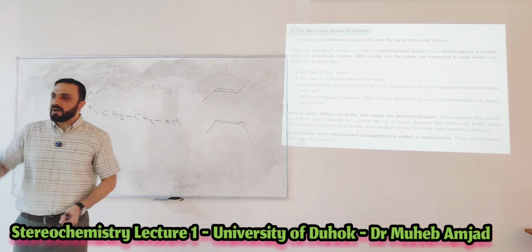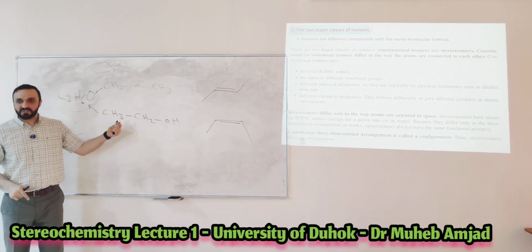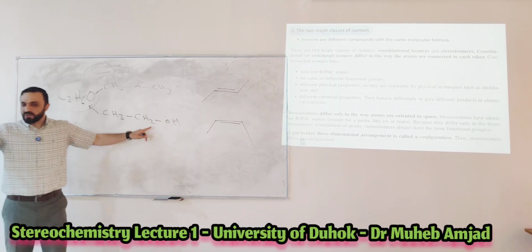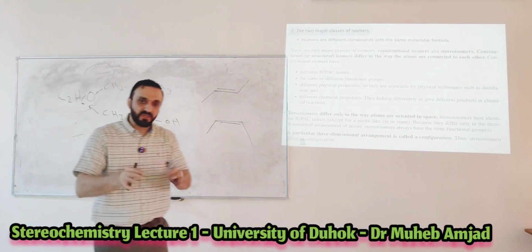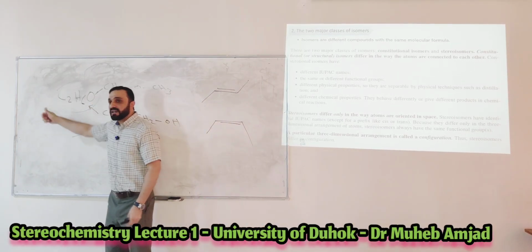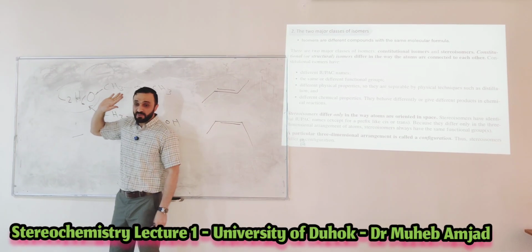Okay? So, the important point you have to focus on here about constitutional isomers is the name. It is different. If you look and the name is different, it will be constitutional isomers. But you have one condition, don't forget that. The same chemical formula.